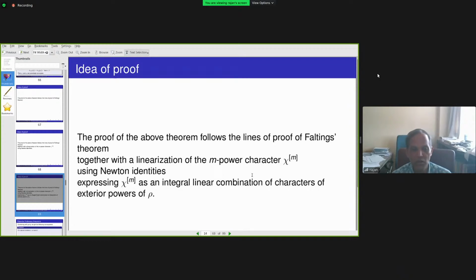Is there some question? So χ_m, actually, you can write it via Newton identities as an integral linear combination of characters which are exterior powers of ρ, and that is the proof that it is integral. So that is a finite sum which you can write, and you use that.